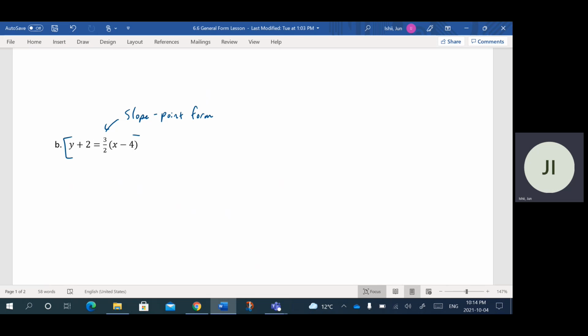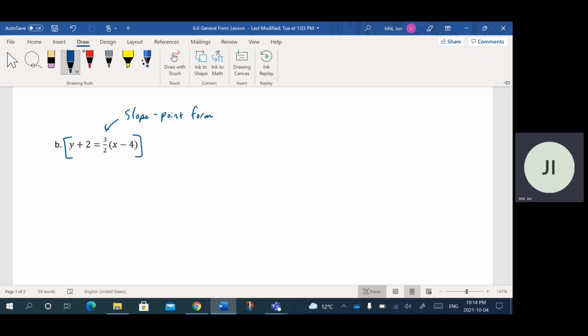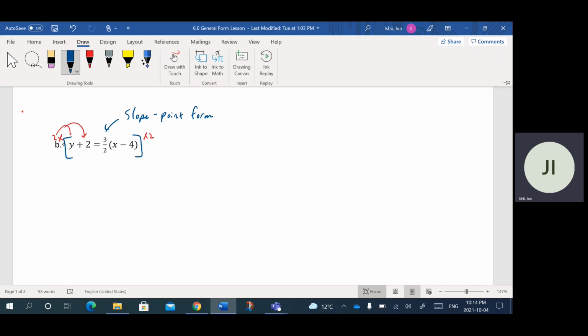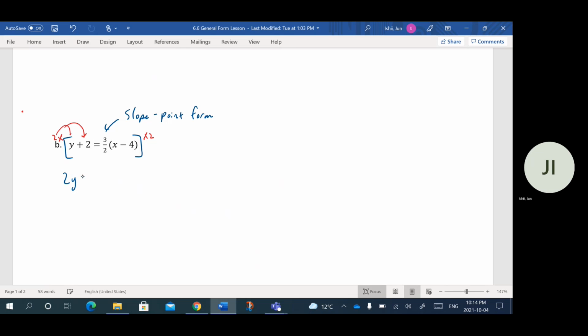So what I'm going to do, just like I did before in the previous example, is multiply both sides by the denominator, which is 2. Since there are 2 terms on the left side, I'm just going to multiply the 2 in. So on the left-hand side, I got 2y plus 4 equals.